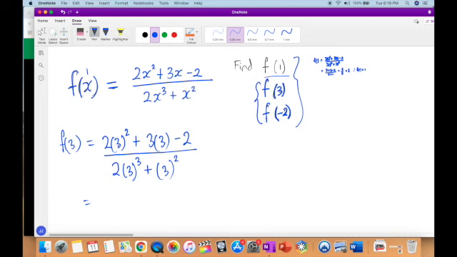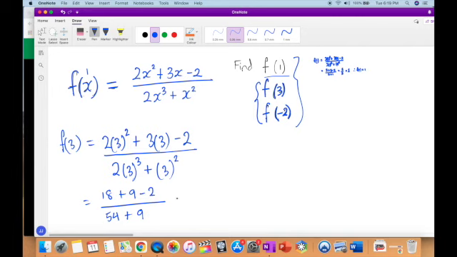This gives me 3 3s are 9, 9 2s are 18, plus 9 minus 2, all over 3 3s are 9, and 9 3s are 27. 27 by 2 is 54, and then plus 9.